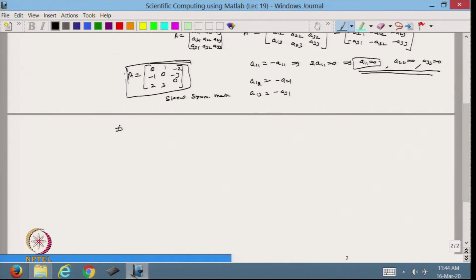Then we define another matrix, the orthogonal matrix. Orthogonal matrix means whenever A transpose is equal to the inverse of the matrix A. It means A transpose A should be the unit matrix I. In that case the matrix A is called orthogonal.